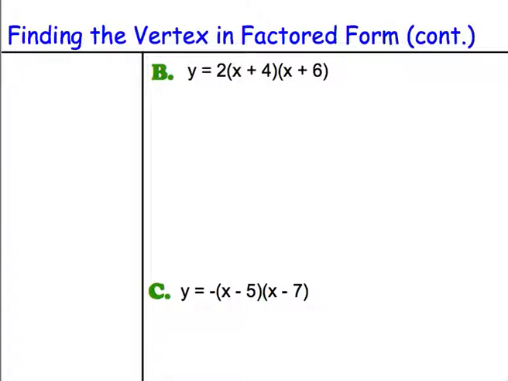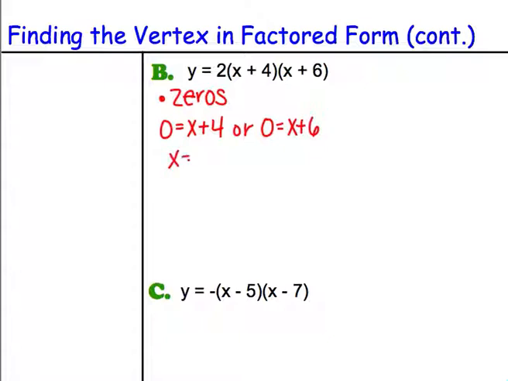For B, y equals 2 times (x plus 4) times (x plus 6). First, we start with our zeros. I know that 0 equals x plus 4 or 0 equals x plus 6, which means x equals negative 4 or x equals negative 6, so my zeros are (negative 4, 0) and (negative 6, 0).